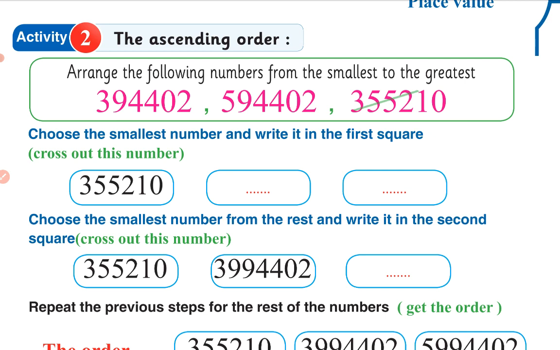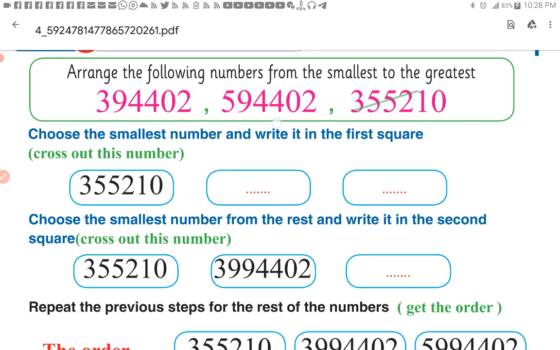In the first one, at first count the number of digits. We have 6 digits here, 6 digits here, 6 digits here. Then look at the number on the left. Here we have 3, and here 5, and here 3. We have 3 and 3. Look at the next one.